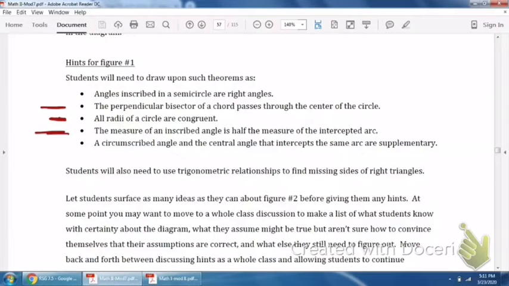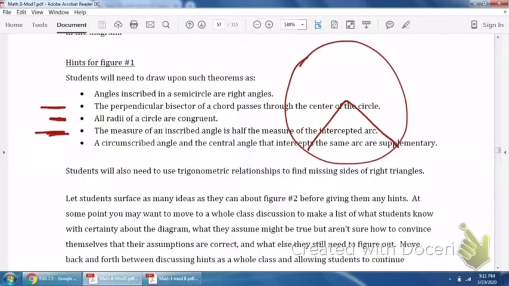This one here is what we've been doing most recently. The measure of an inscribed angle is half the measure of the intercepted arc. So if you have a circle, say this angle here is 80, and then you make another angle, same endpoints, but it goes to the outside of the circle, like that.